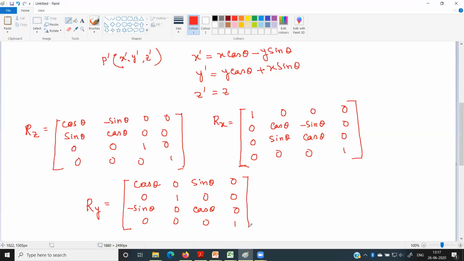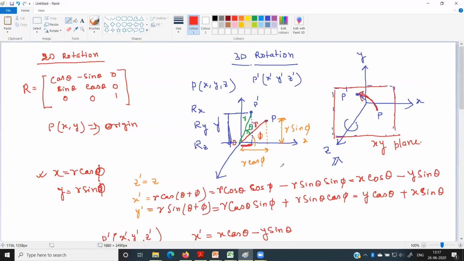So those are the three rotation matrices. Once you know the rotation matrix and the point P, you have to find P dashed. P dashed is nothing but the rotation matrix dot P. If it is x direction, replace it by Rx; if y direction, by Ry; if z direction, by Rz. Okay, so this is all about 3D rotation.